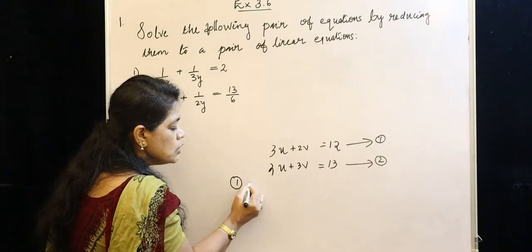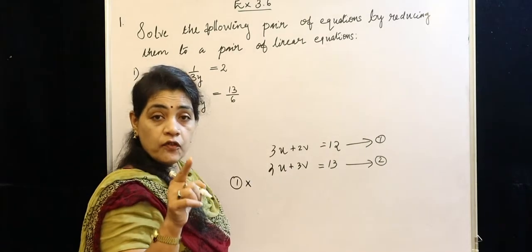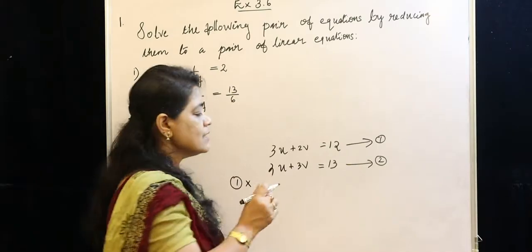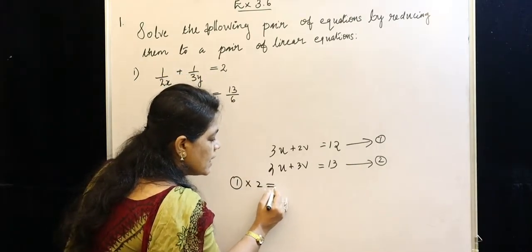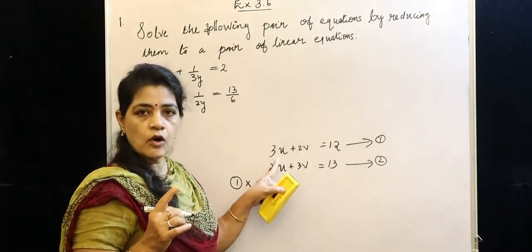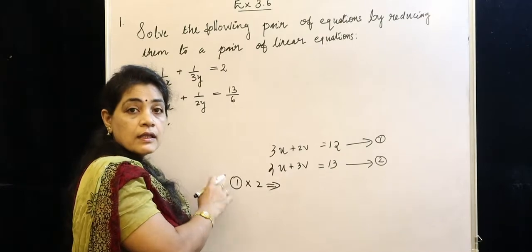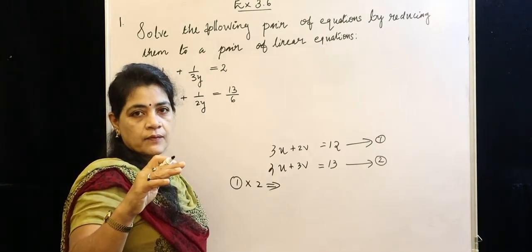Equation 1 should be multiplied with the coefficient of u in the second equation. That means I am going to multiply not only the first term of equation number 1, but the whole terms, both LHS and RHS.